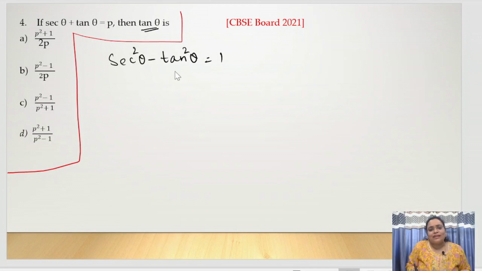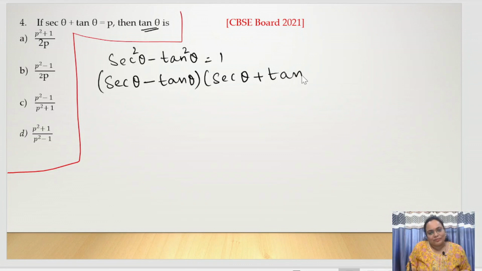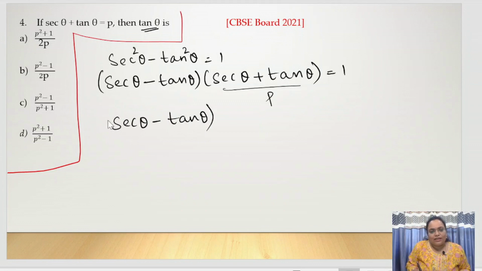So secant square theta minus tan square theta can be written as secant theta minus tan theta into secant theta plus tan theta is equal to 1. They have given us secant theta plus tan theta is equal to P. Now put that here, so that will be secant theta minus tan theta into P is equal to 1.